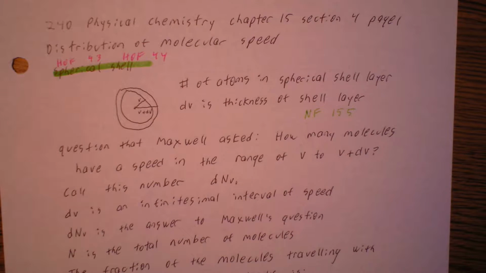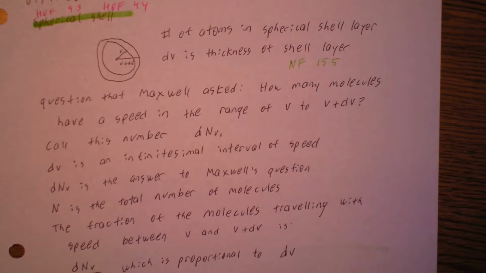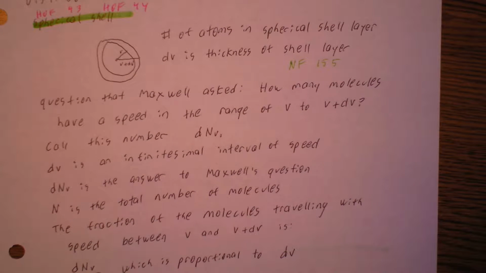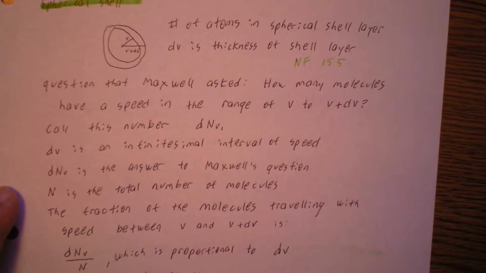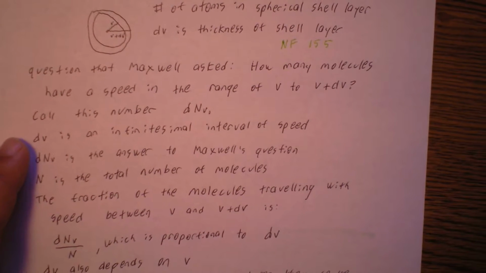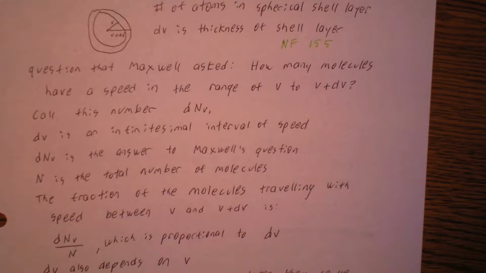Now, the question that Maxwell asked: how many molecules do we have that have a speed within this range of whatever speed plus the change in speed? So we're going to call this the differential of the number of molecules of that speed, dN_v.